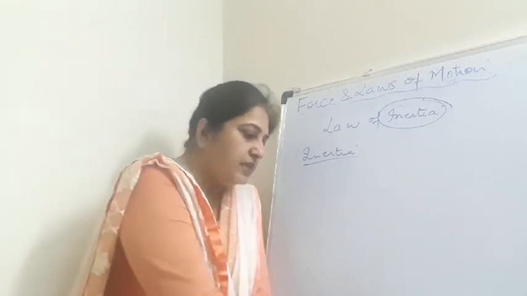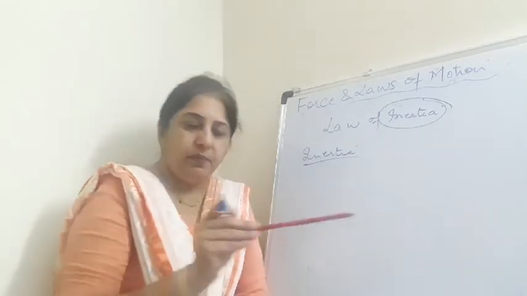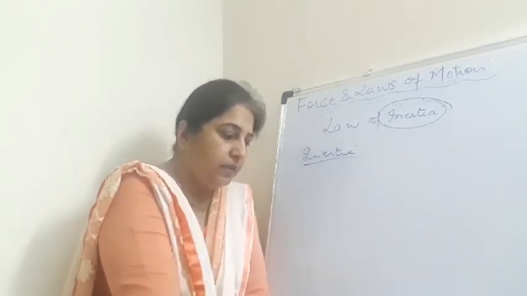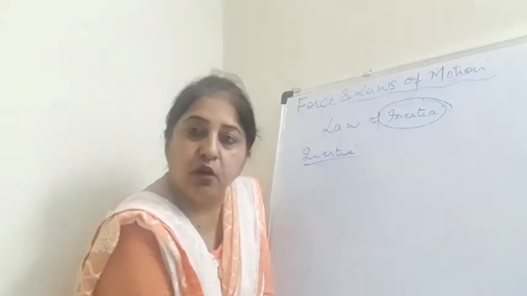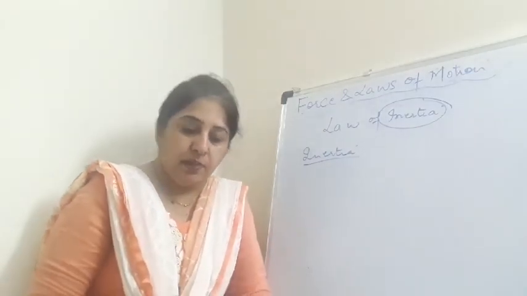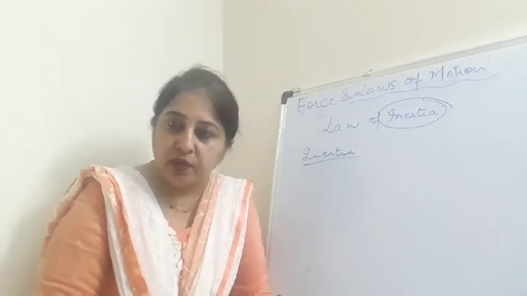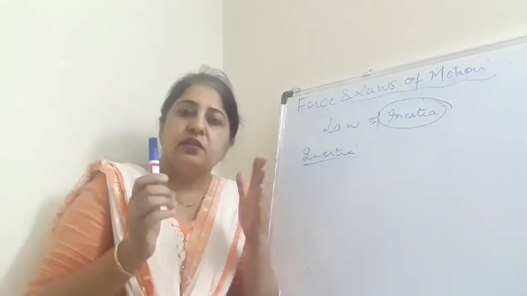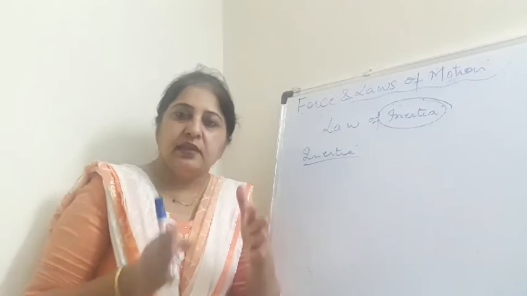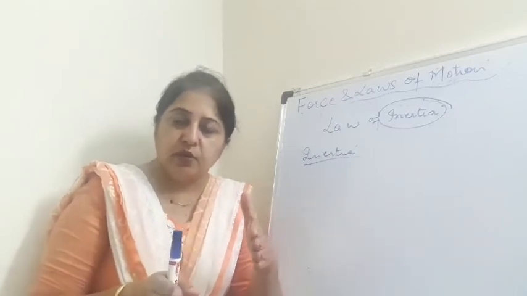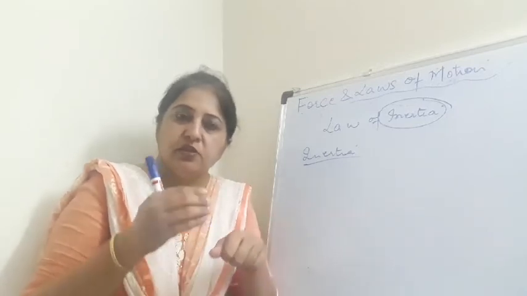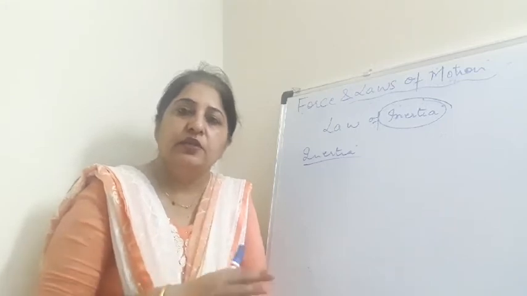A pencil lying on the table has inertia of rest. Why? Because until I move this pencil, it won't move on its own. Any object in the state of rest has a tendency not to move, because it will stay in the state of rest. Such a tendency is called inertia.